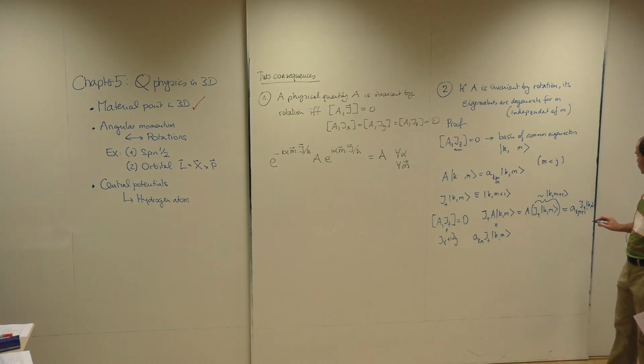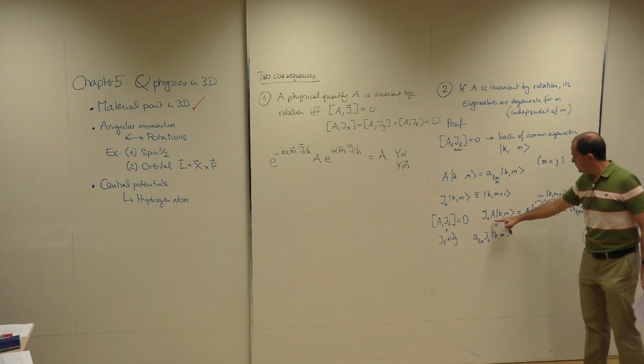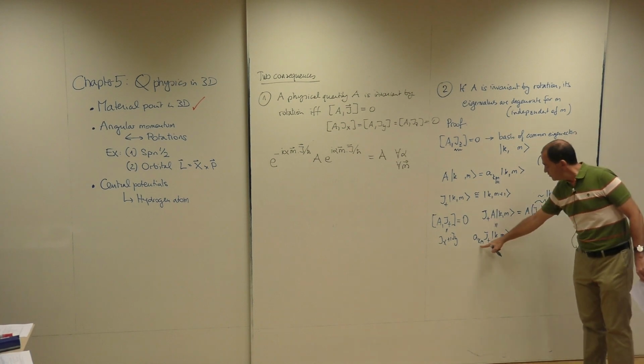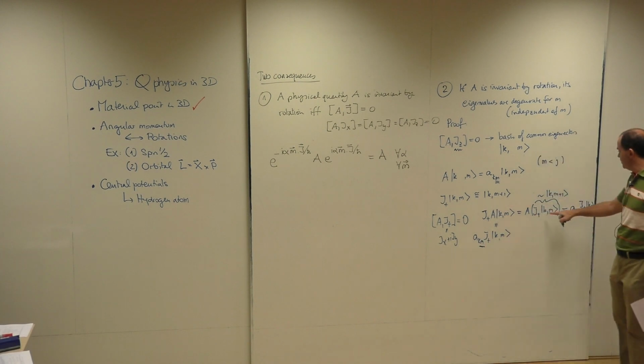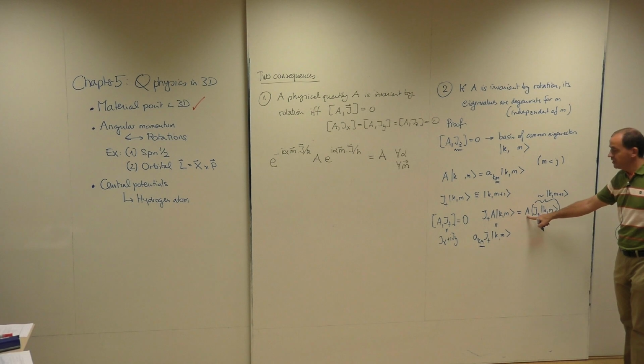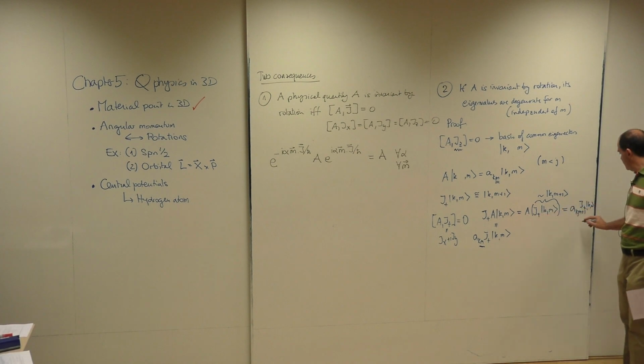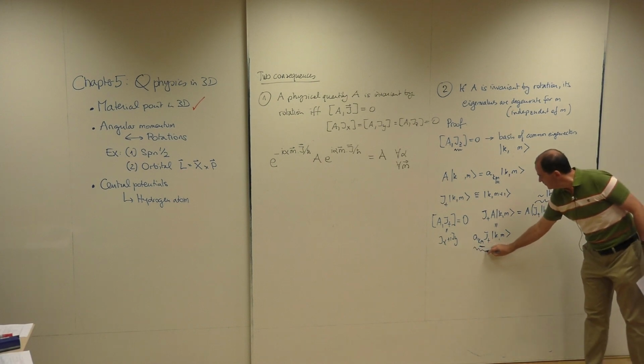So you see that here we have two equations. By applying A first, we took out the eigenvalue and it depends on m. And here, by using J plus first, but then remembering that this is still an eigenvector of A, we took out the A and it depends on m plus 1. But these two numbers should be equal.